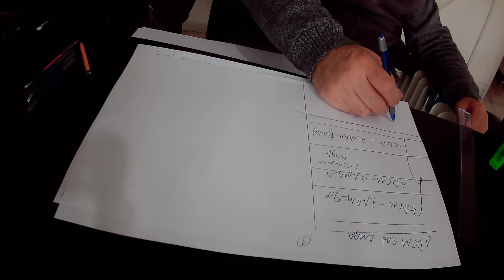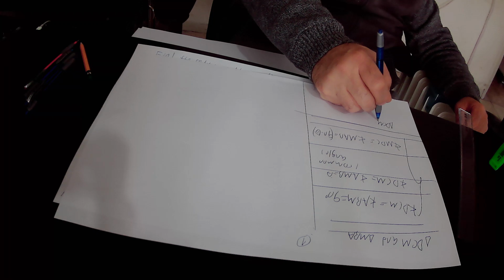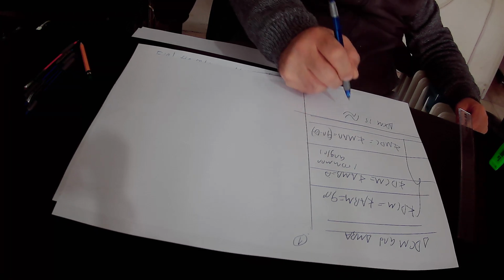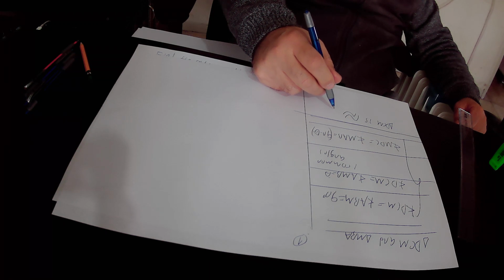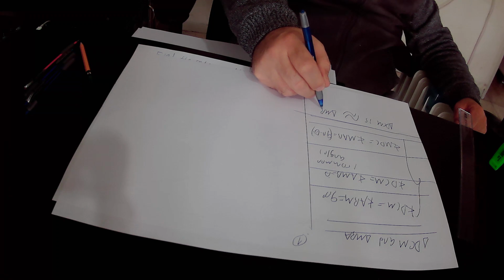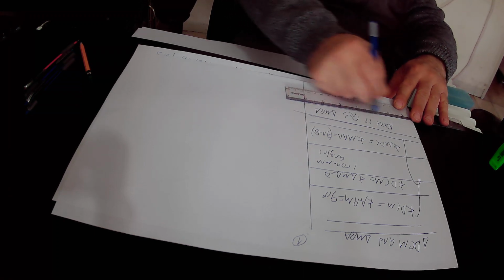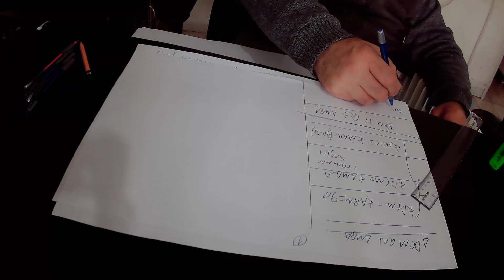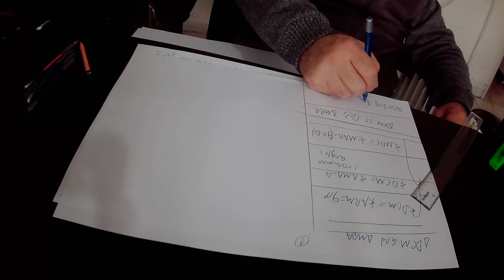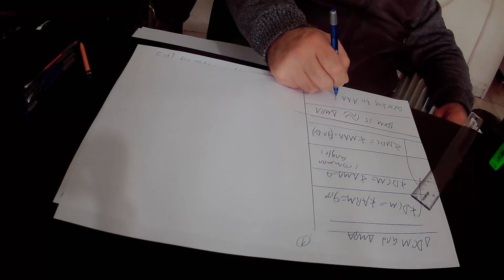The big right triangle DCM is similar, this is the sign of similar, to the small right triangle MBA according to the angle similarity rule.